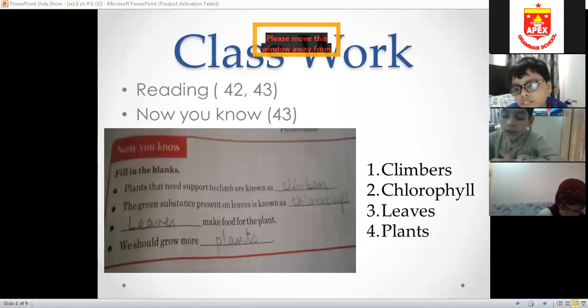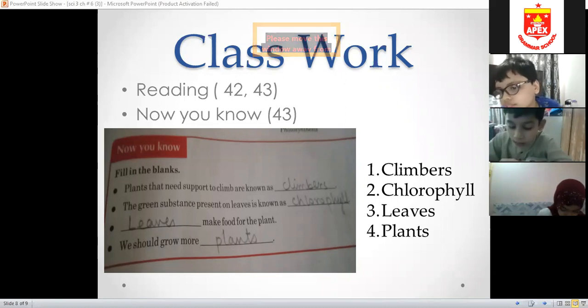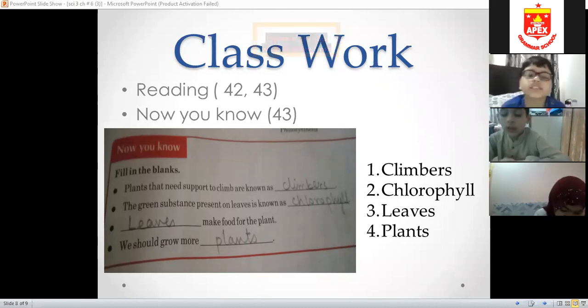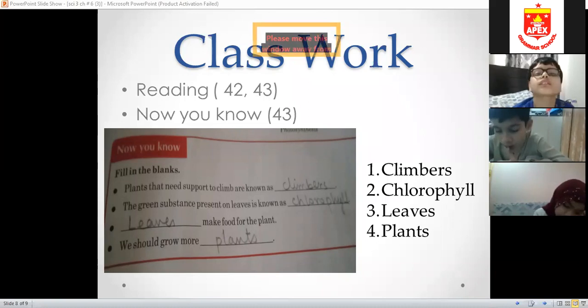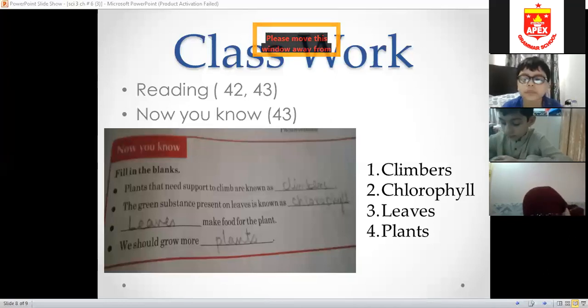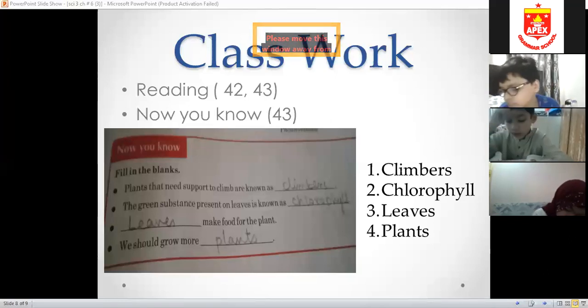Leaves give out oxygen during the process of photosynthesis. All living things need oxygen to live, therefore we should grow more trees and take good care of them. The leaf gives out oxygen and extra water. Okay, right.